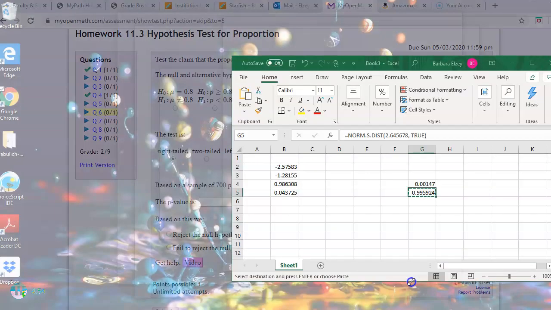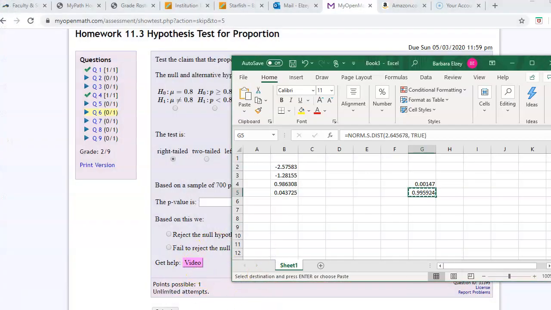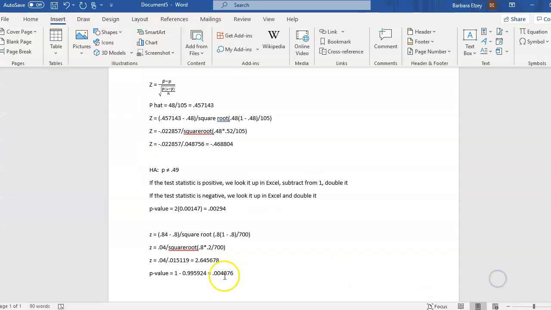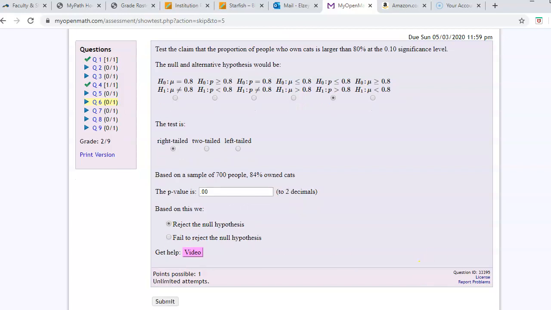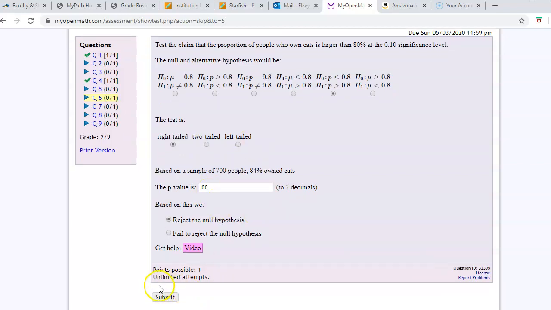Okay, so if we round to 2 decimal places, that's going to be 0.00. All right, so certainly 0.00 is smaller than our alpha, 0.10. And remember that if the p-value is smaller than alpha, we reject the null hypothesis. All right, that does it.